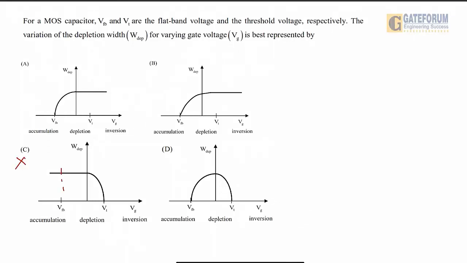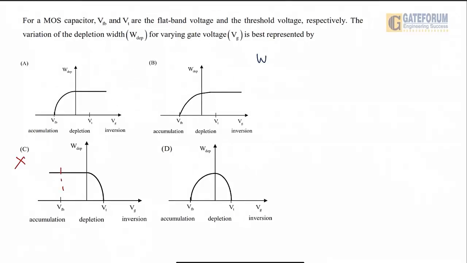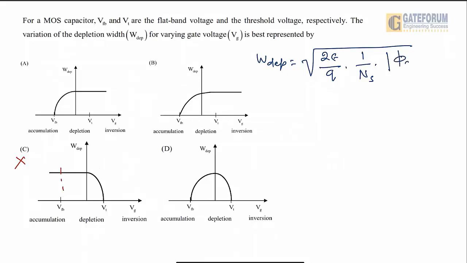The depletion region formula is W depletion equal to square root of 2 epsilon by Q into 1 by the semiconductor doping Ns into the magnitude of the surface potential.